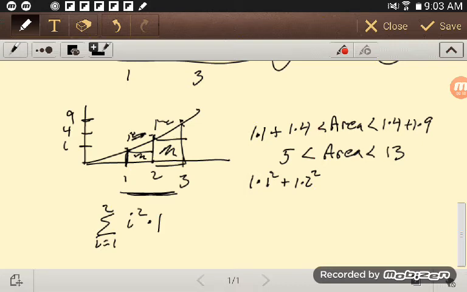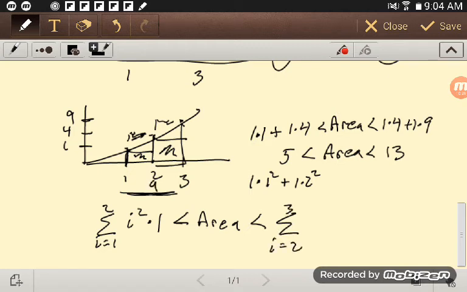Okay, and similarly for the upper part, I've got to be careful about what I do here. So this is less than the area. Now here's a case where maybe I can do a couple different things with my summation notation. Probably the easiest is to just start at 2 and go to 3.